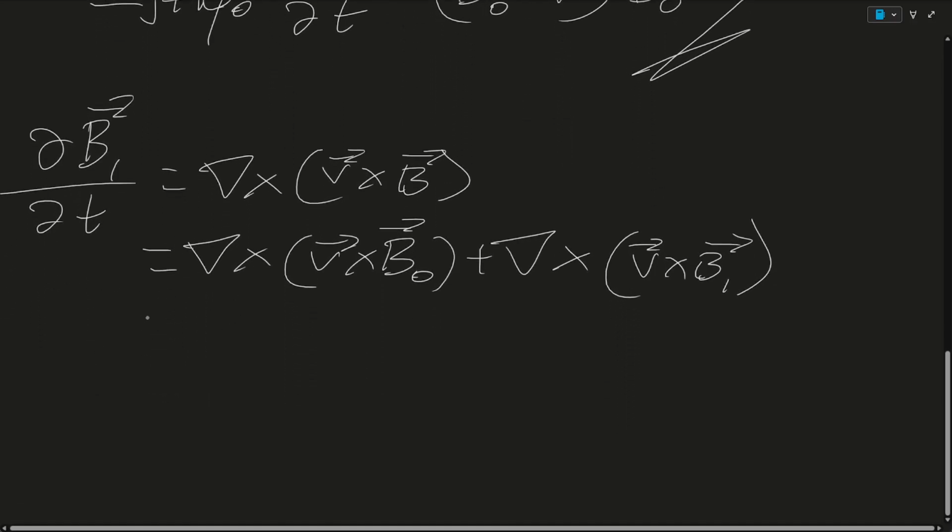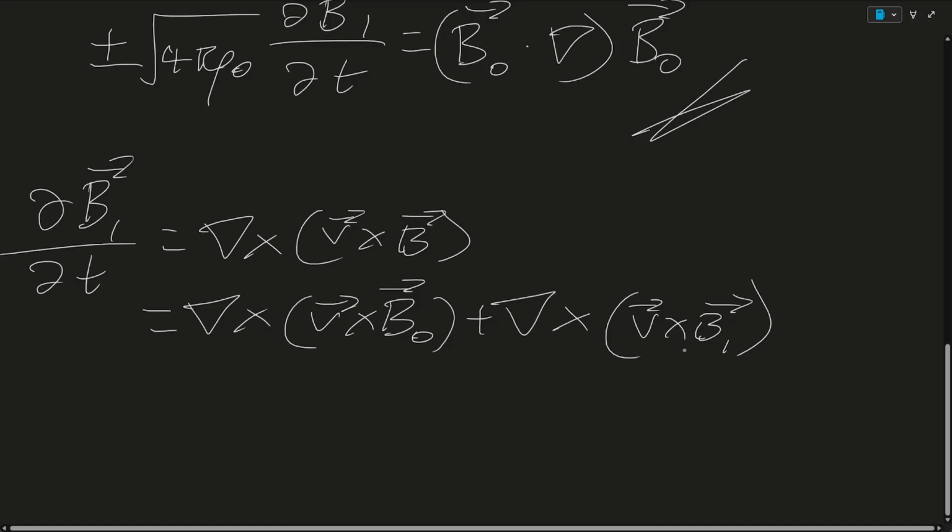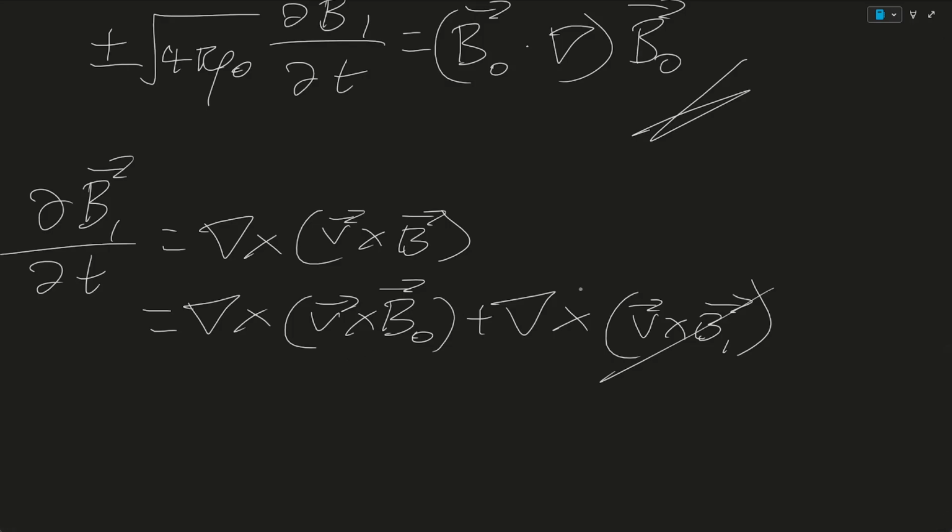That's induction. Since v and b are parallel, v and b1 even are parallel, that's just 0. And del cross, that's also 0. So we're just left with that bit.